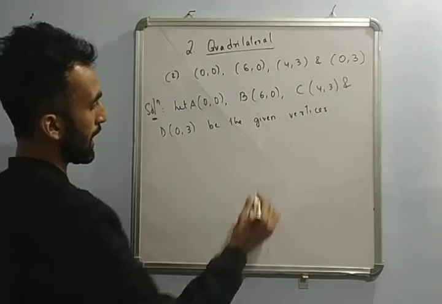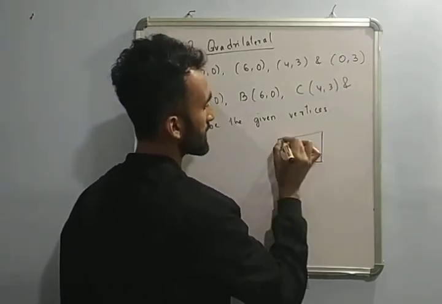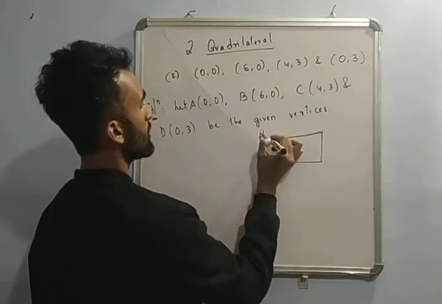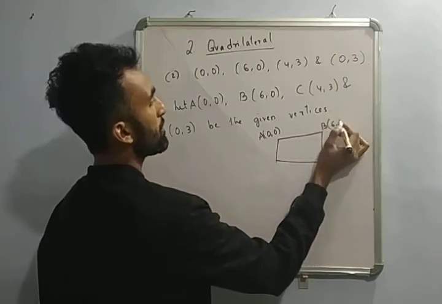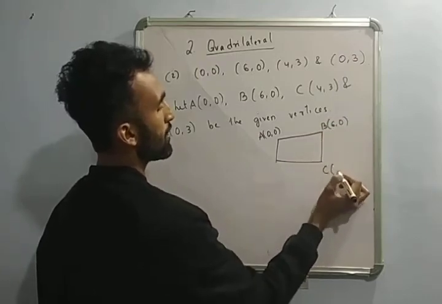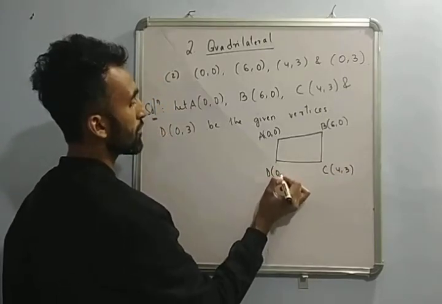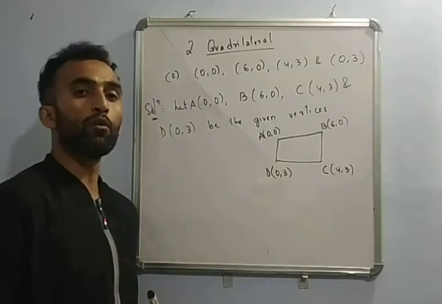Okay, so for our convenience, let me draw here one quadrilateral, 4 sides. I'll write here A is 0, 0, here B 6, 0, here C 4, 3 and here D 0, 3. But I haven't given you any formula for this.